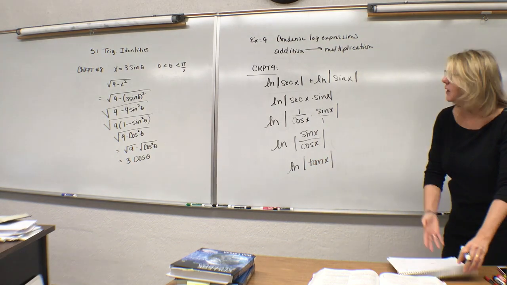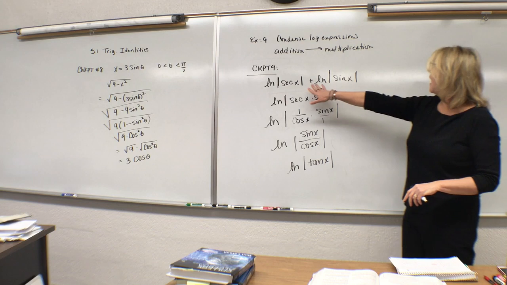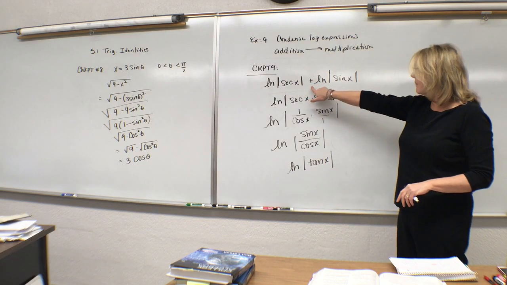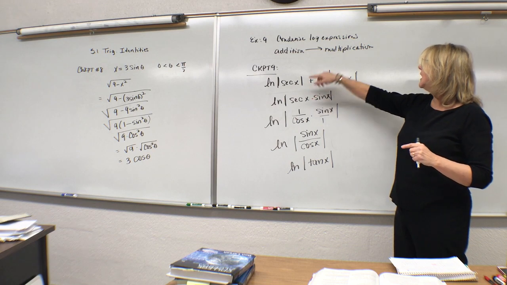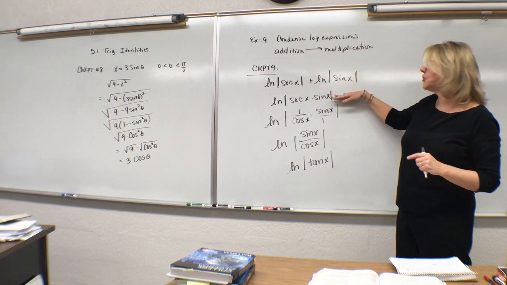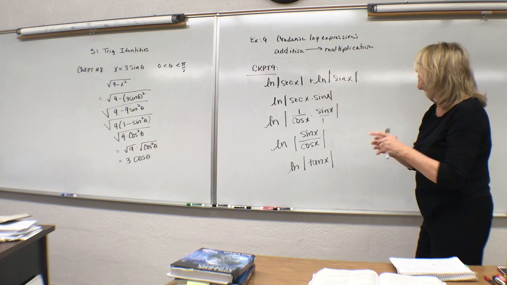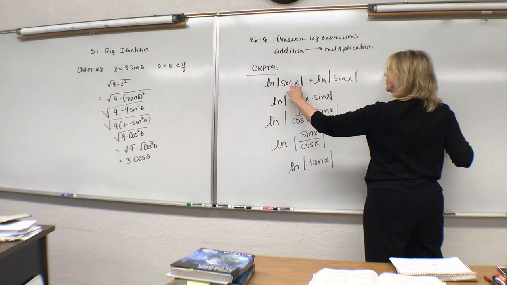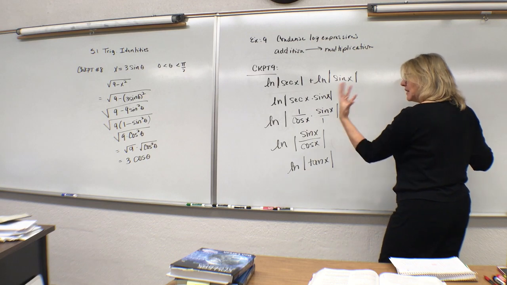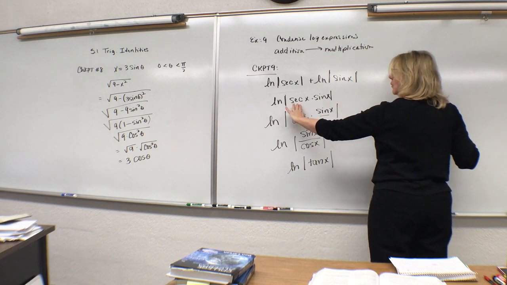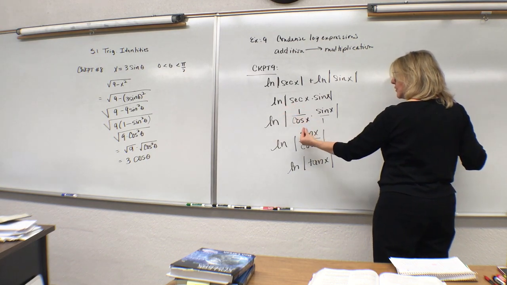So again, working with the logs, we have a scenario where we have an addition pattern. Addition condenses to multiplication. But we're still, again, as we were in earlier examples, working with two different trig values. So let's see if we can't simplify further. We're going to take the secant and put it in terms of cosine.